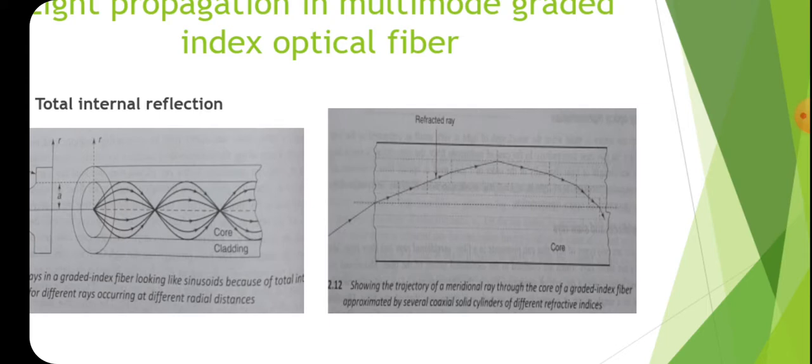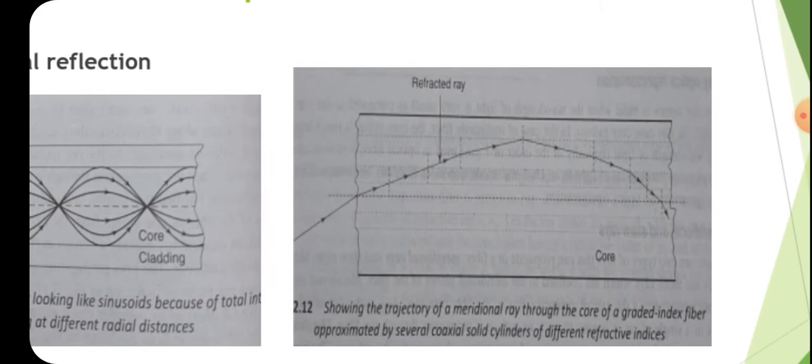You can see from this figure that when the ray is incident on a particular layer, that incident ray will be refracted, so its path will change. It has some angle of incidence and some angle of refraction, and next that refracted ray will be incident on the next layer, so it is again refracted.